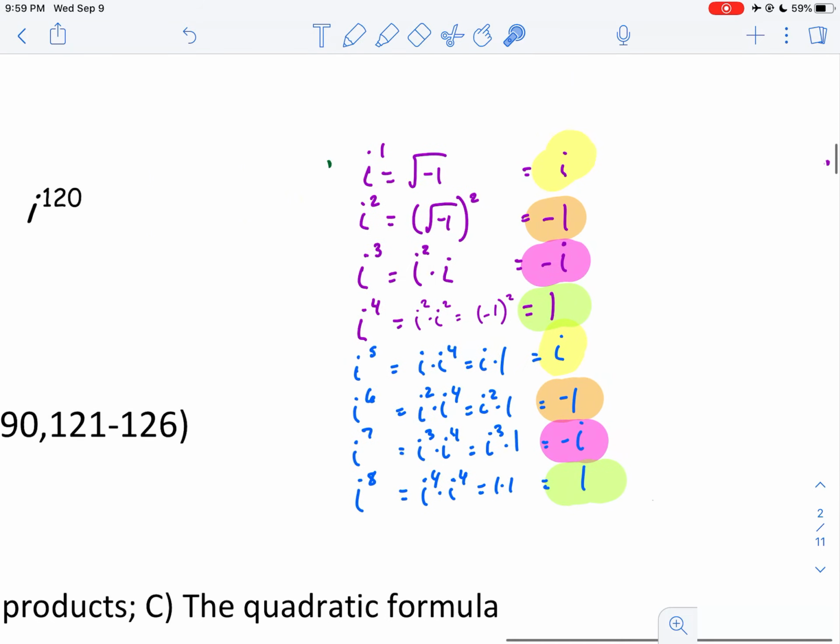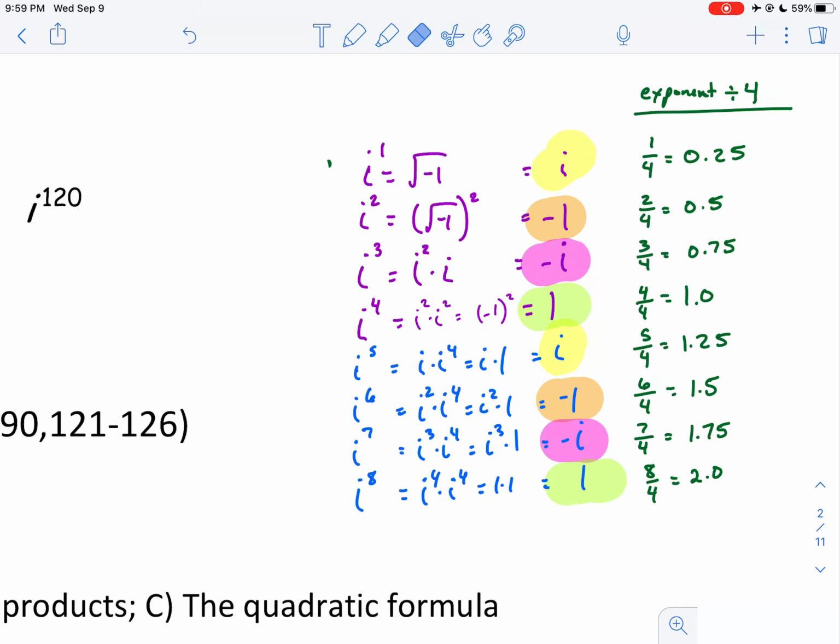Now, there's a lot of ways to think about this, and I'd encourage you to do whatever makes the most sense to you. But I think students kind of like this strategy. If you take the exponent and divide it by 4, you'll see another pattern. 1 divided by 4, 2 divided by 4, 3 divided by 4, 4 divided by 4, 5 divided by 4, and so on.